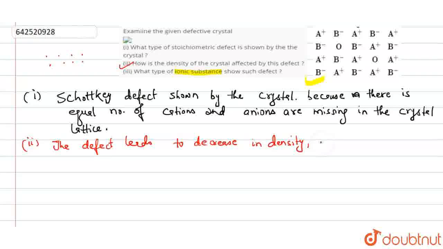Why does it lead to decrease in density? As equal number of cations and anions are missing.